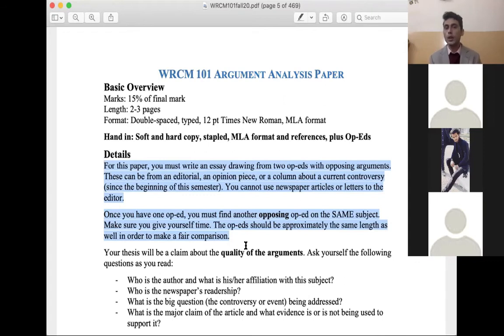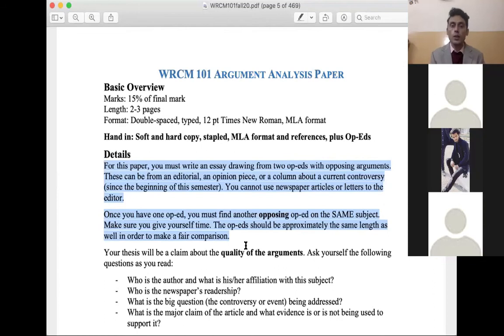The other editorial says climate change is a reality. So you need to find those two editorials on a similar topic, but with an opposing claim. And of course, you need to read them. You should have read them already by the time you know that they have an opposing claim.